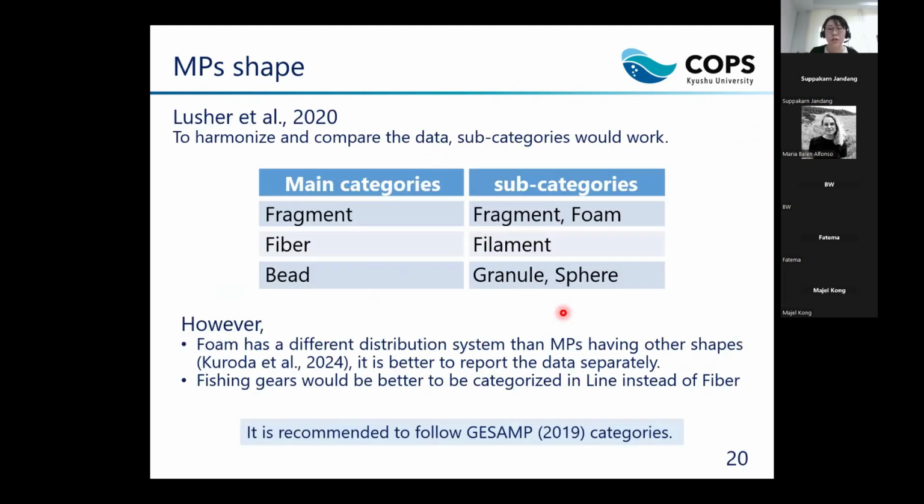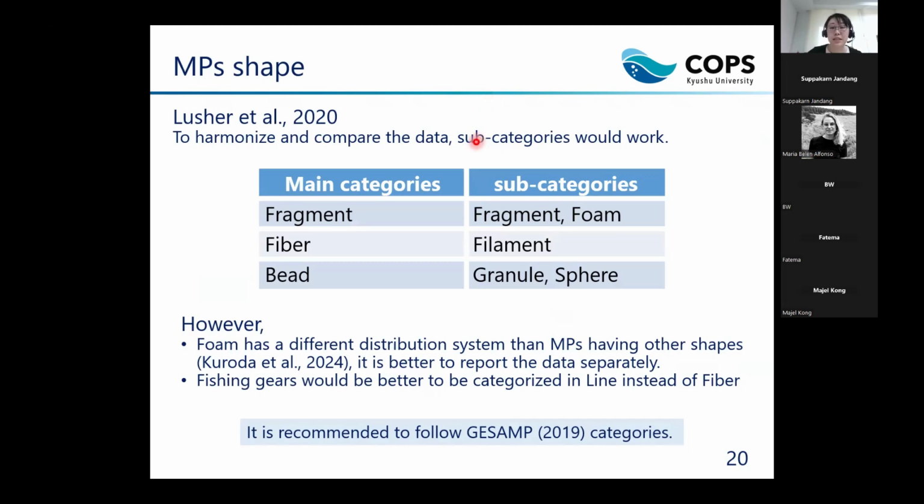Also, Lusher et al. 2020 proposed to harmonize the shape types and compare the data. But first, you can see the subcategories.